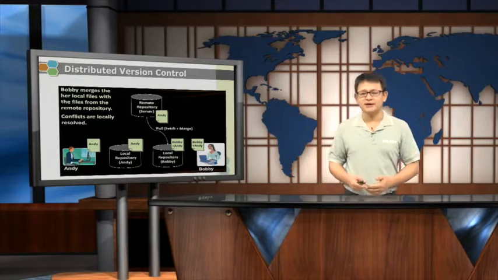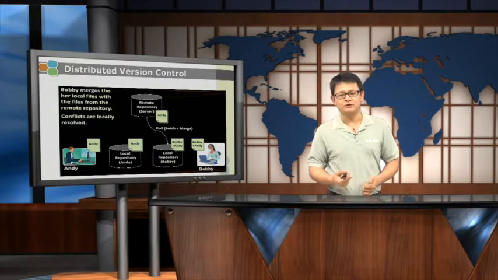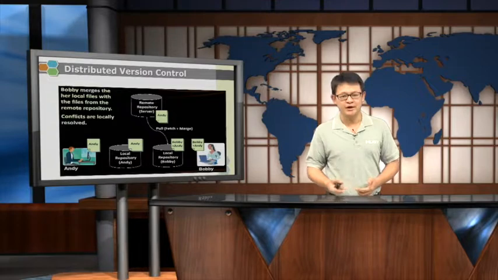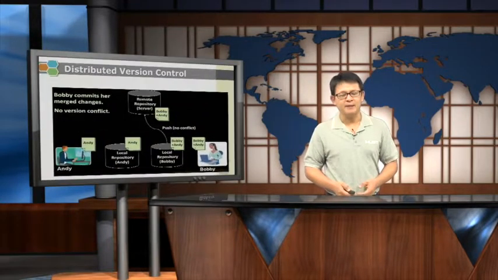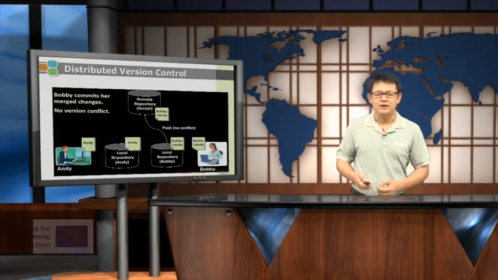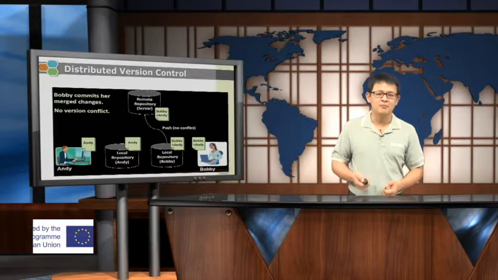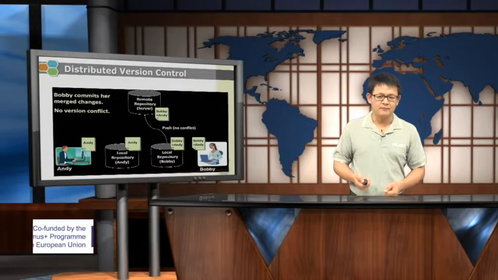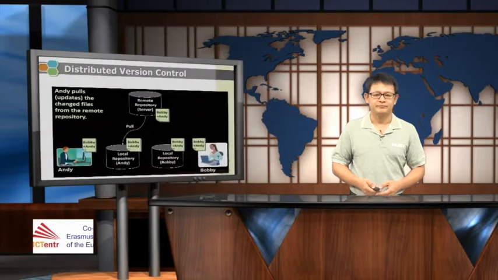So what she needs to do here is to pull, or to fetch and merge, the modification made by Andy from the remote repository into her local repository now. And after solving all the conflicts, Bobby can push her modification without conflict into the remote repository.